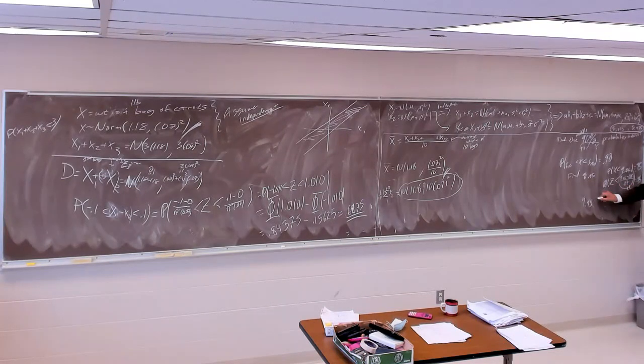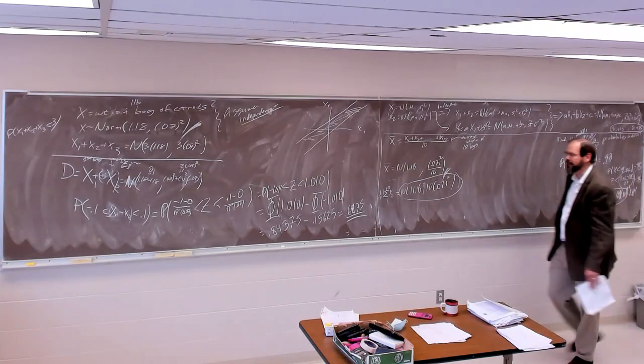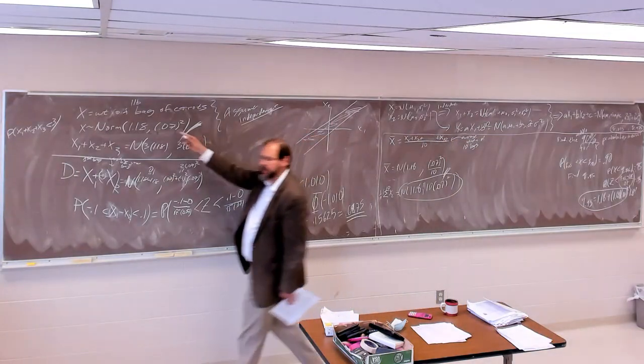So I just want to solve for this, so I'm going to multiply both sides by this sigma, and I'm going to add my mu to both sides, and it's going to look something like 1.18 plus this 1.64 times 0.07. Okay. And whatever that number is, that would be the 95th quantile for this random variable.